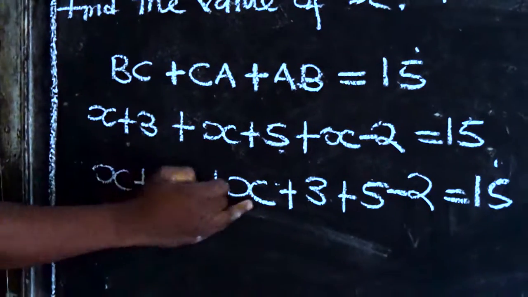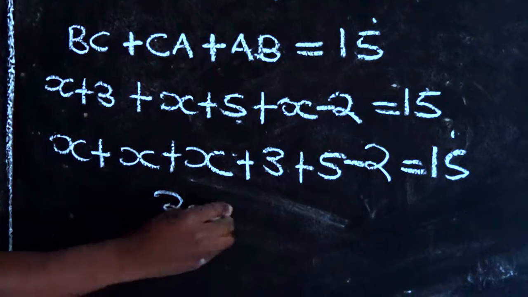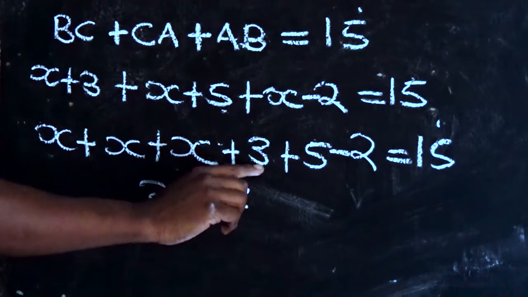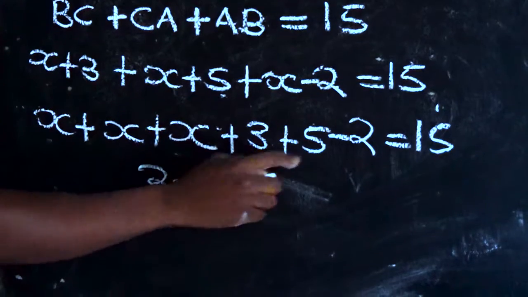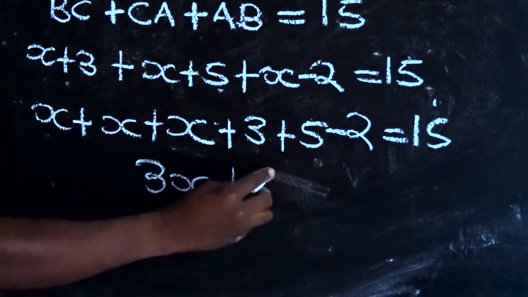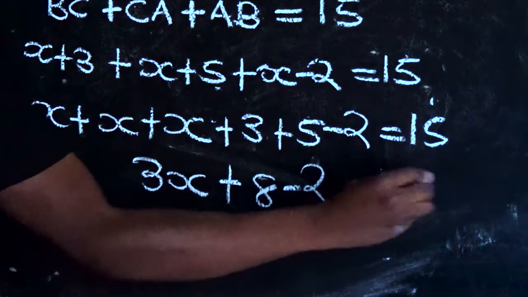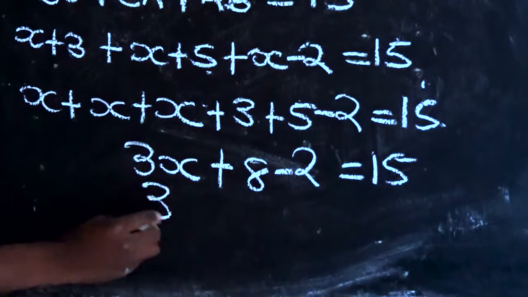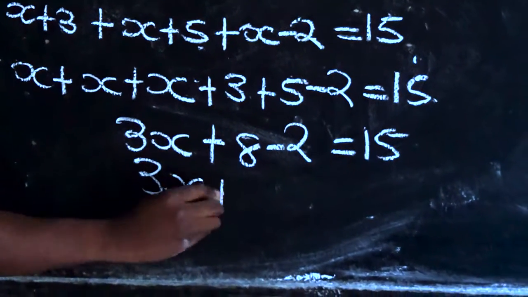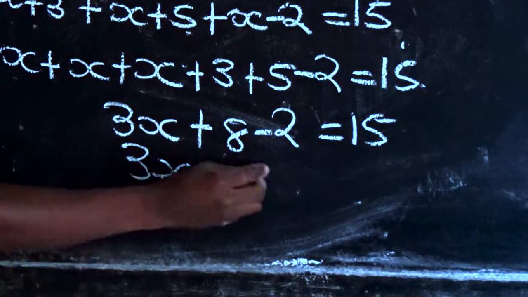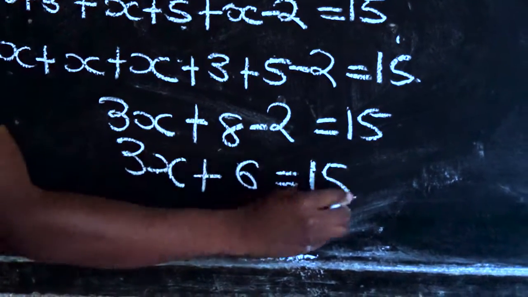So x plus x plus x, you get what? 3x plus, what do you get here? 3 plus 5, it's what? 8 minus 2. So 8 minus 2 is equal to what? 15. Now together, people. Then say 3x plus, what is 8 minus 2? You get 6, very good. Is equal to what? 15.